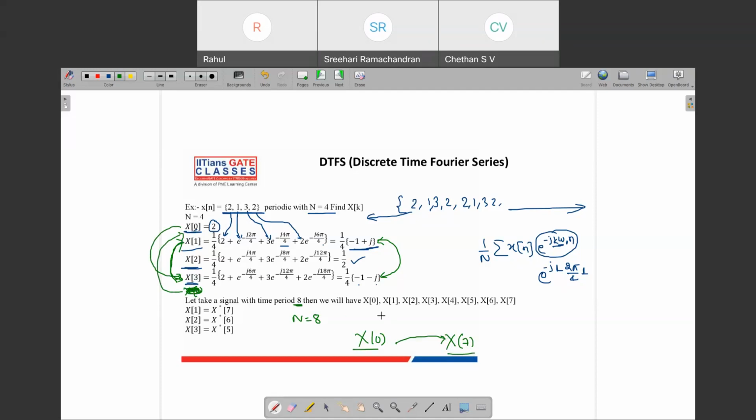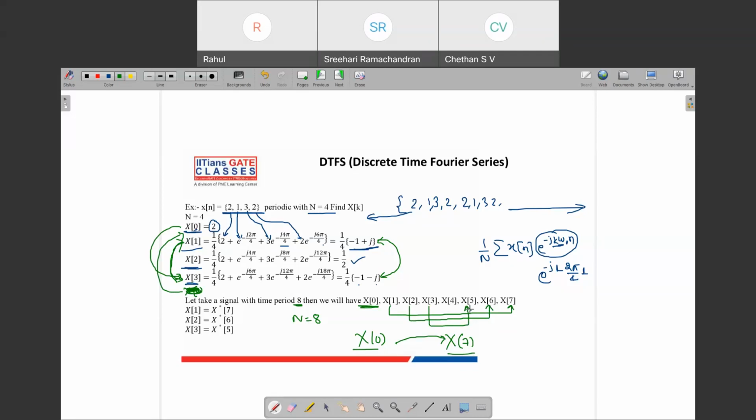Okay, so for x of 0 we just need to add all the x of n and divide by the time period. That is pretty easy. Now this x of 1 will be the complex conjugate of x of 7. This x of 2 will be the complex conjugate of x of 6, and x of 3 will be the complex conjugate of x of 5. Okay, this is the property for the discrete time Fourier series.